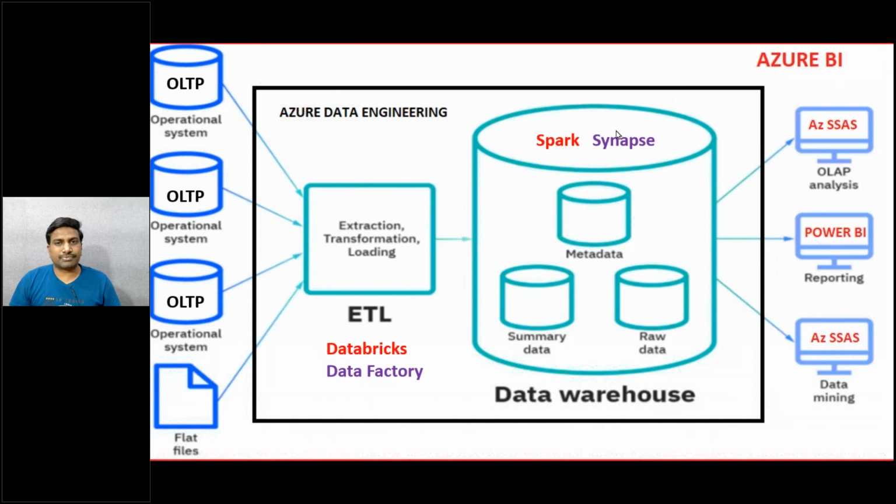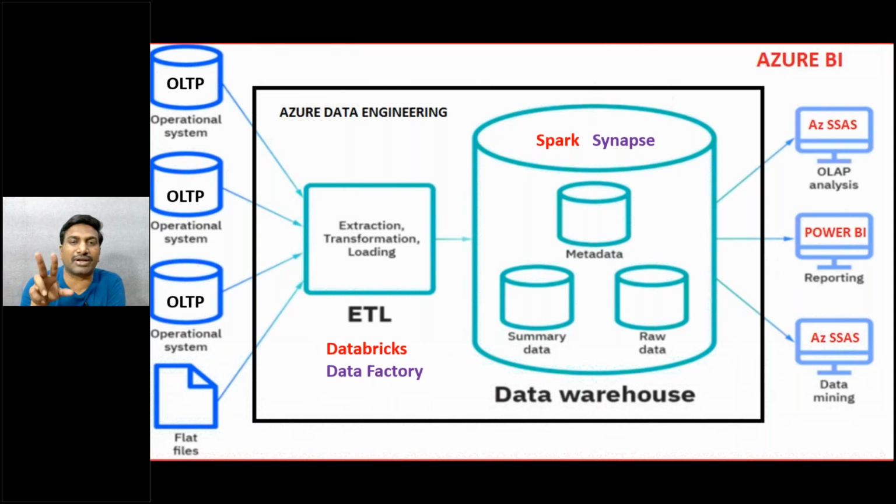So today we are going to learn how to configure our lab, with a few installations and a few additional installation plans for implementing Azure data engineering. It involves two departments, okay? ETL and data warehouse. For ETL we have open source and Microsoft, and for data warehouse again open source and Microsoft.